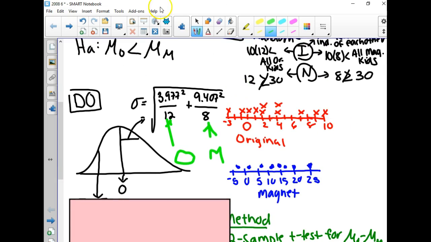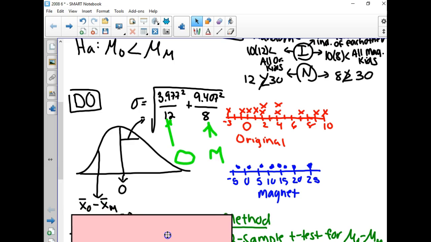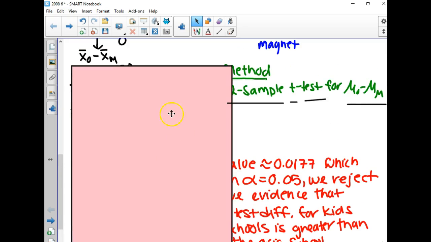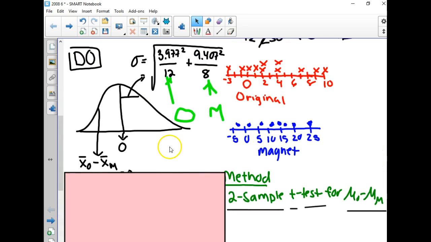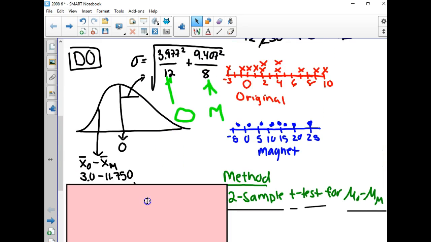Well, I said, well, what's my statistic? My parameter, what the population is about, is my mu. My statistic is what's going on with the sample, and those are our X bars. Okay. If you look at this, you see they give this to us now, 3.0 minus 11.750.